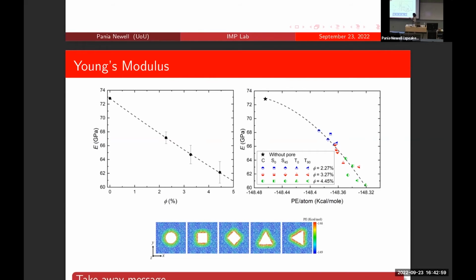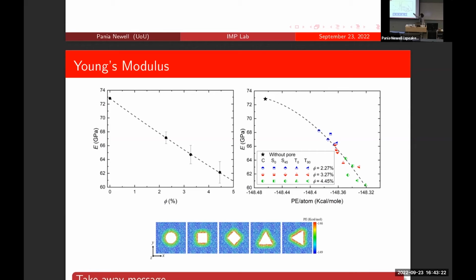The reason is that at the nanoscale, the porosity change is 2, 3, 4%. At the macroscopic level, it's 30, 40, 50%, and for foam it goes even higher. There are porous foams with 90% porosity. So these are small changes, but the decay is what we expected from the macroscopic level.